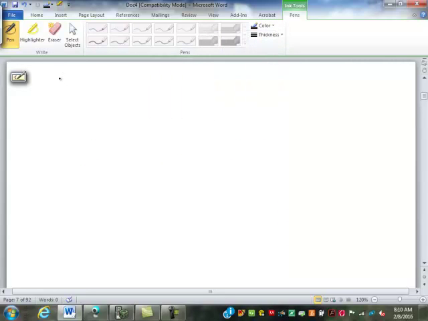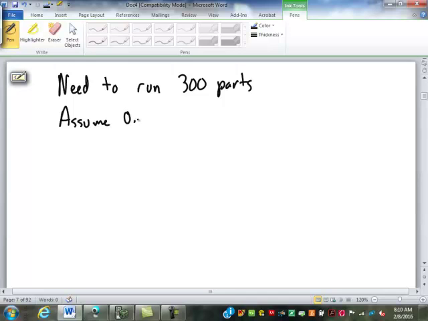So let's look at this. Let's say you need to run 300 parts. Assume 0.3 minute setup per part. To load and unload the machine takes about 18 seconds. Okay?